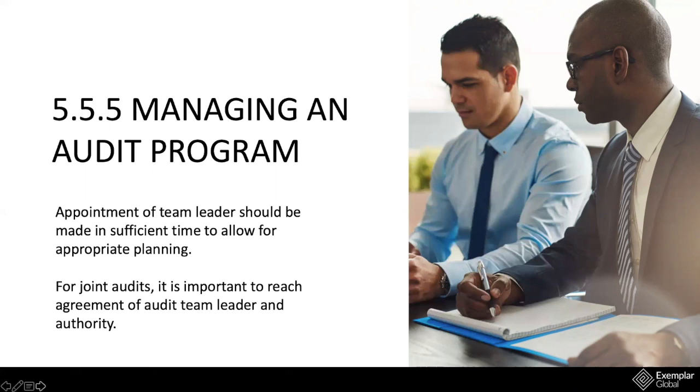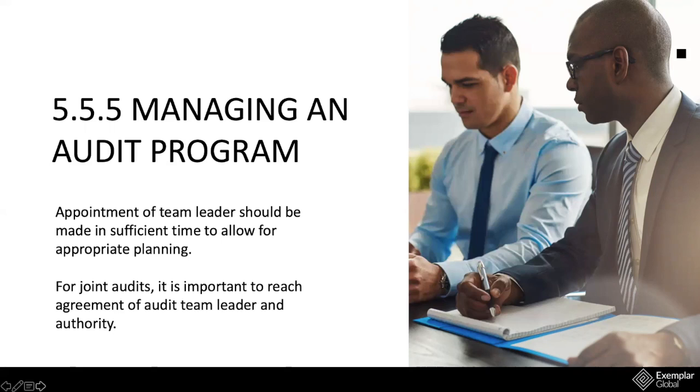For example, there might be a 13485 audit that is being conducted at the same time as an FDA audit. So you have a regulatory audit being done at the same time as a management system audit. In that instance, you still have only one team leader, so there has to be agreement over who the team leader is and what kind of authority that team leader has.